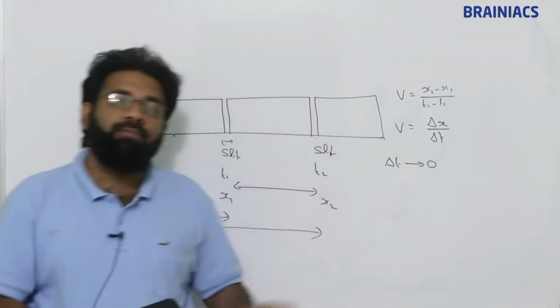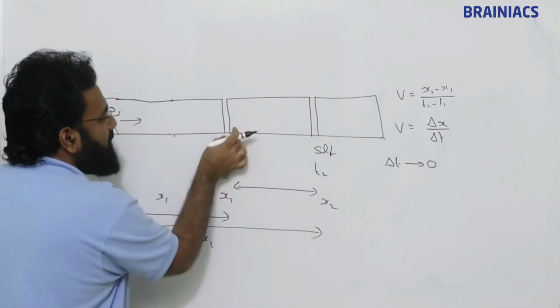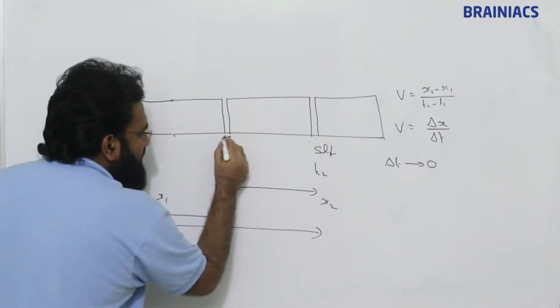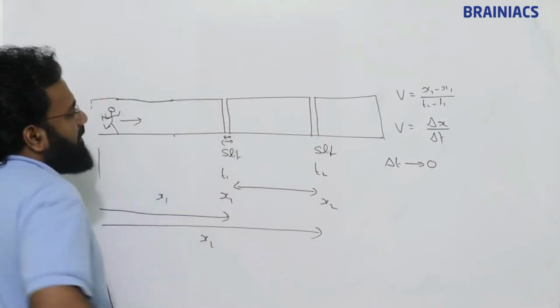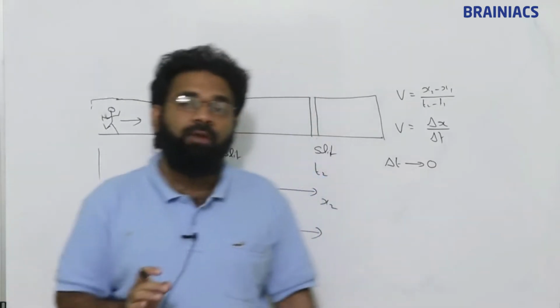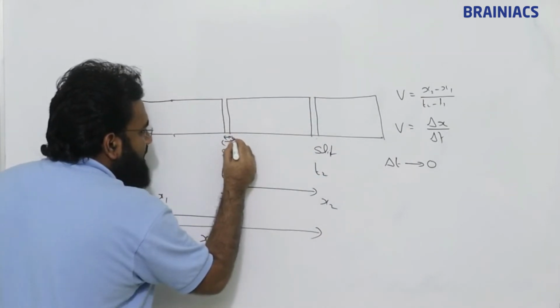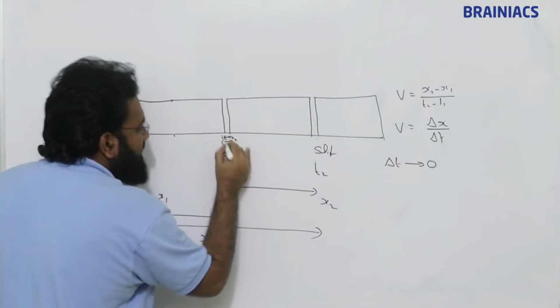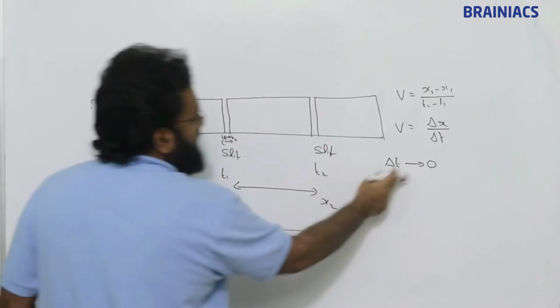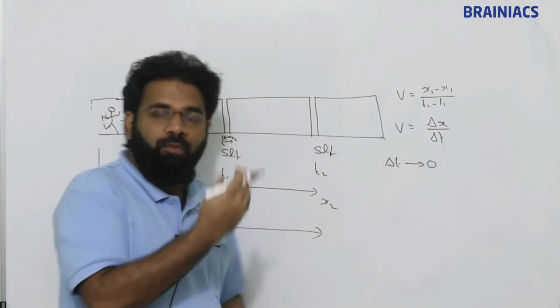So what we do is, if there is only one slit, in these kind of situations, we will take this as T2 and this as T1. That is why we say delta T is becoming 0, very small.